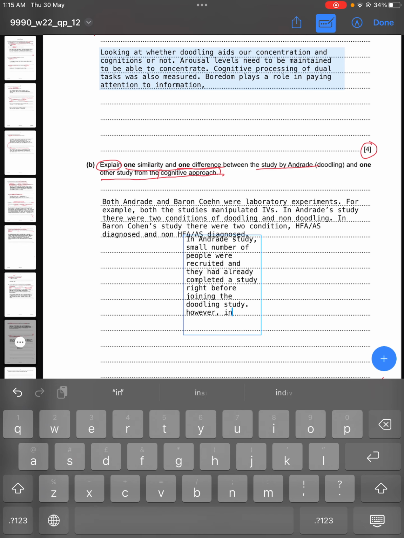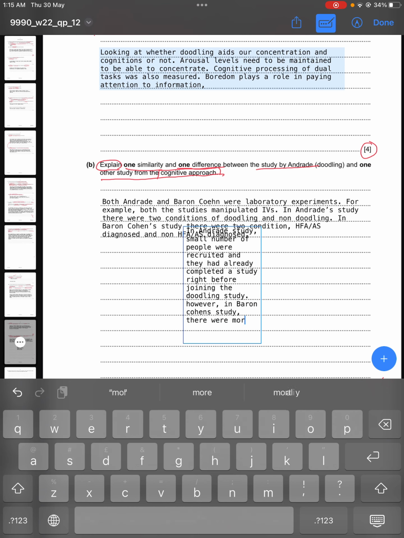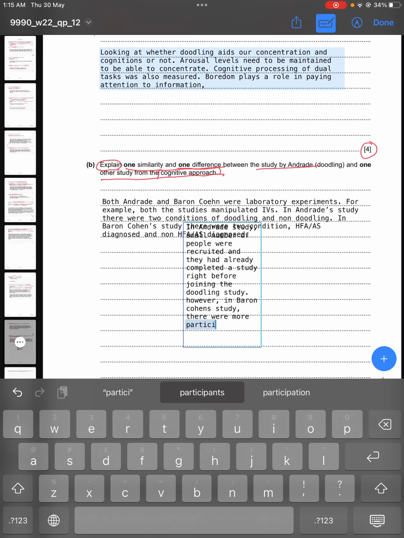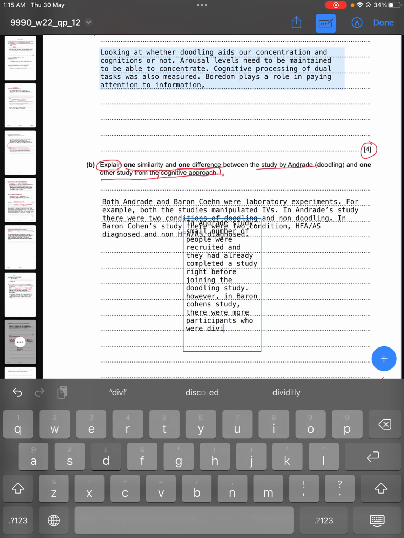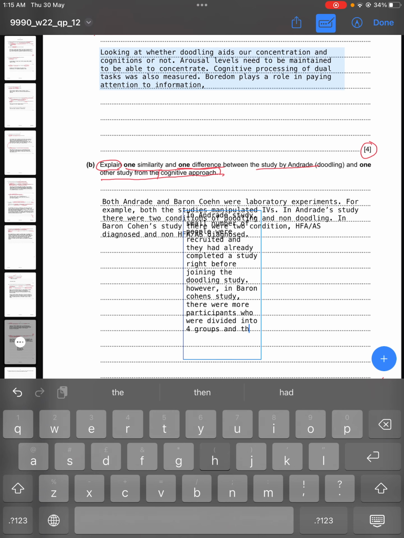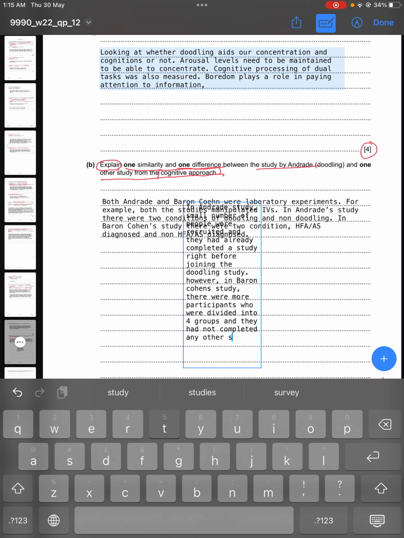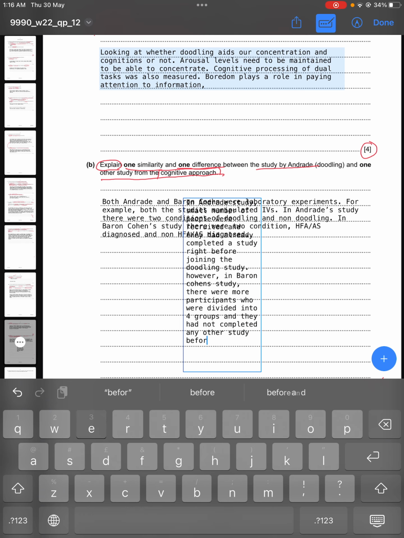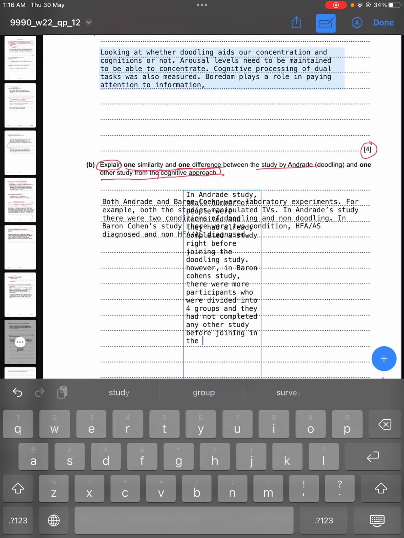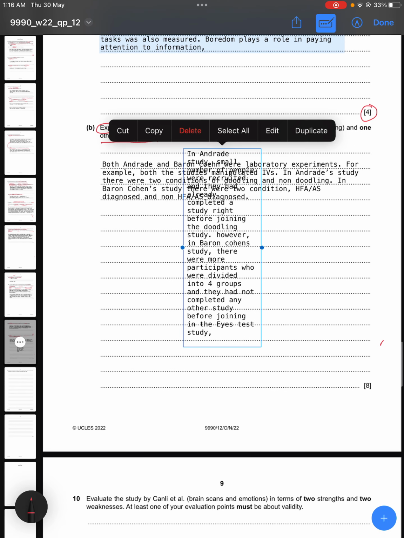However, in Baron-Cohen's study, there were more participants who were divided into 4 groups and they had not completed any other study before joining in the eyes test study. So that can be the difference.